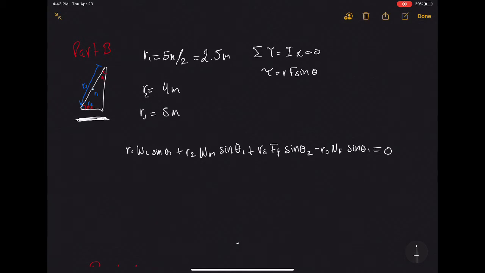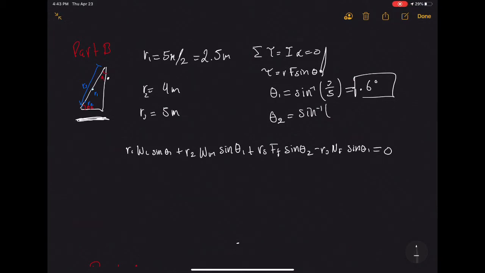Now we're gonna get the first angle, angle 1, using these two formulas: angle 1 is inverse sine of 3/5, which gives 0.6. And for angle 2, it's inverse sine of 4/5, and that's 0.9.